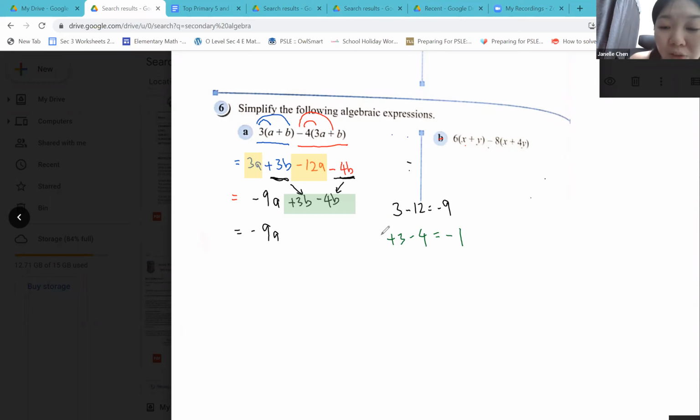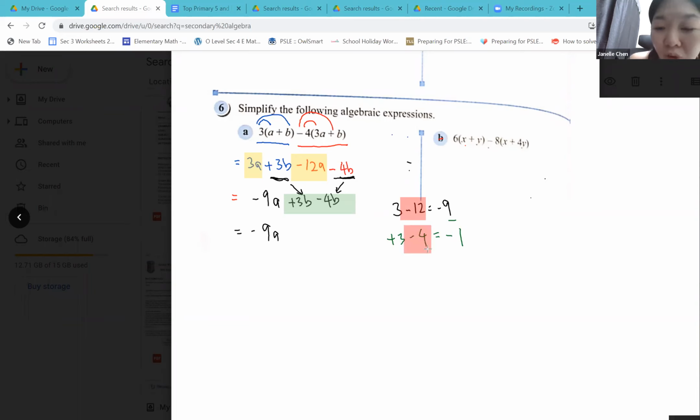If you realize, when the sign is different, we find the difference between the two numbers. So the difference between 12 and 3 gives me 9. The difference between 4 and 3 gives me 1. And whether the sign in front is a plus or a minus depends on which sign has the bigger number. In this case, we have minus 12; 12 is a bigger number and it's negative.